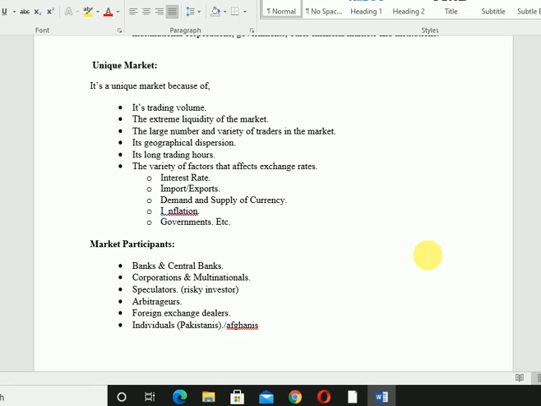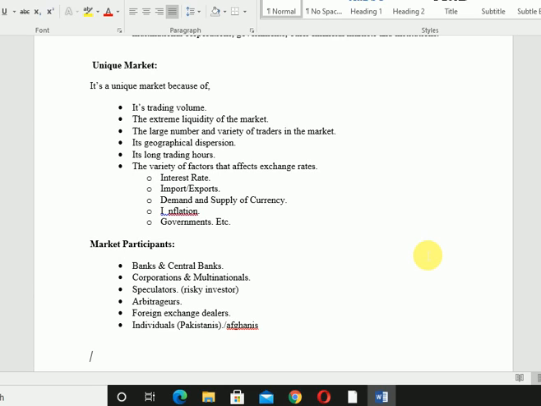Another one, the extreme liquidity of the market. The forex market is extremely liquid because it is already in the shape of money, and money is also a liquid form. So if we convert one country's currency to another currency, we can do it easily, without hesitation, without wasting time.